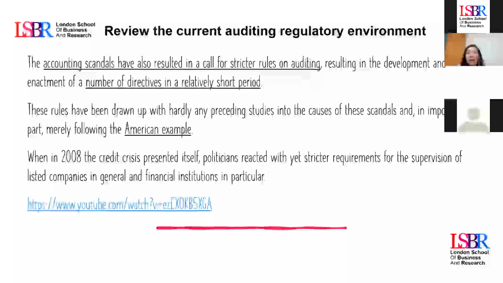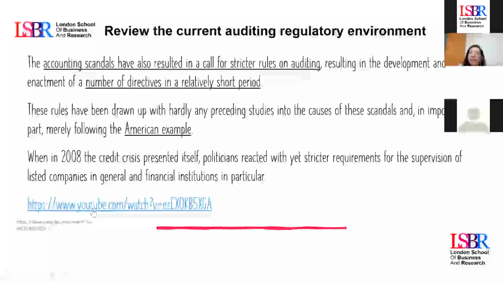And because the USA is the most powerful country, many countries were affected by a problem that was born in the United States. So if you want to know more about the financial crisis, you can check this link.